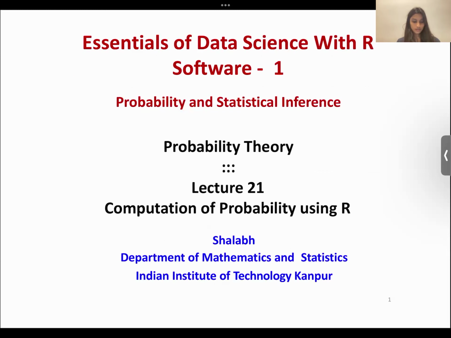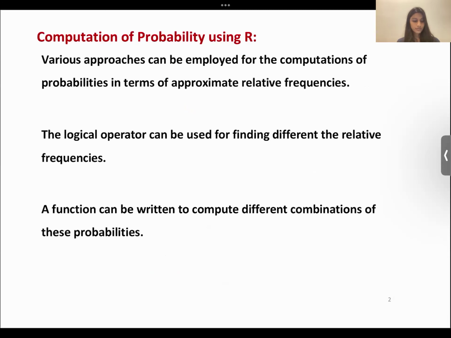Let's go to the next topic, which is how to compute probability using R. When you want to compute probability with R, you can use different approaches. You could compute probability in terms of relative frequencies, and logical operators can be used for finding them.